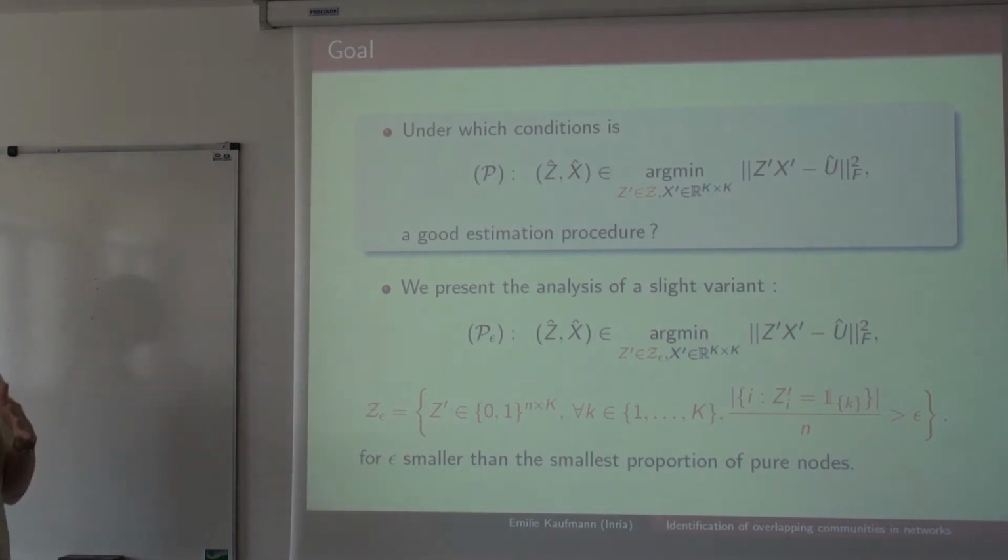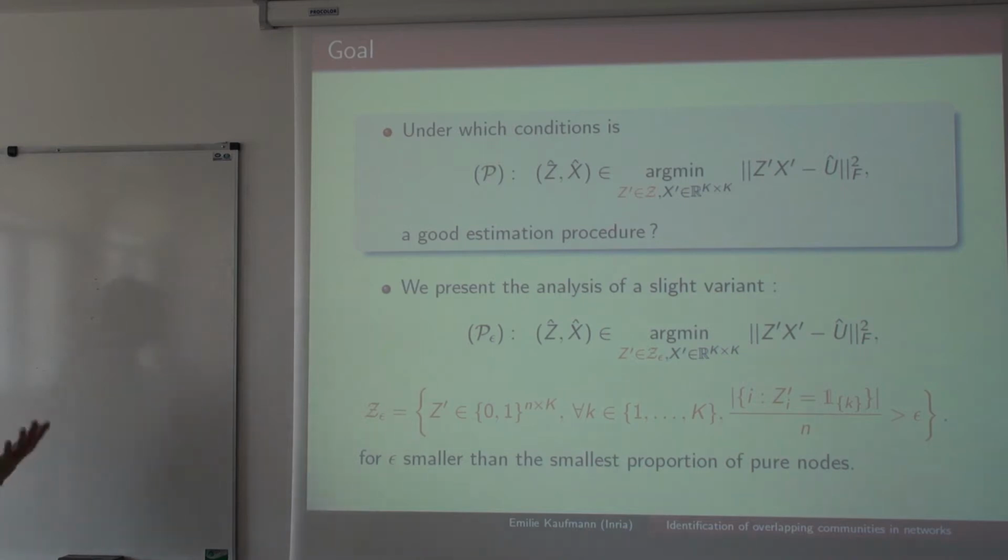So for analysis purposes, we will actually analyze only a slight variant of this procedure, in which the set Z of all matrices which have at least one pure node per community is replaced by this set Z epsilon, the set of all matrices for which the proportion of pure nodes for each community is larger than epsilon.